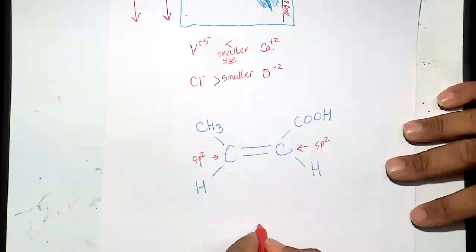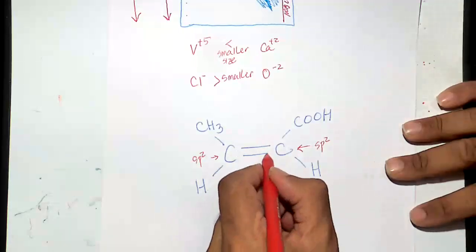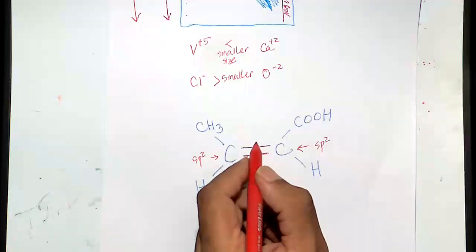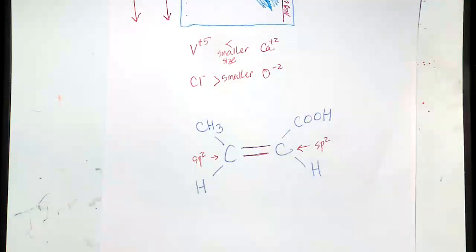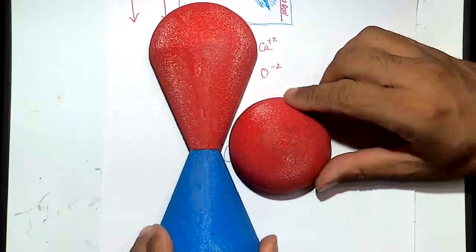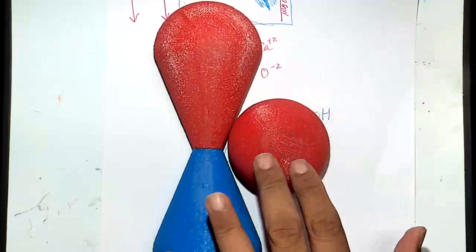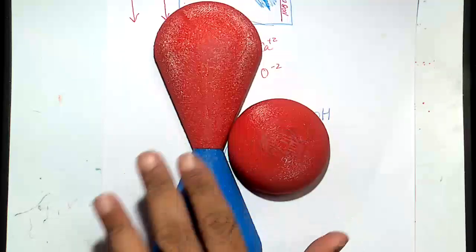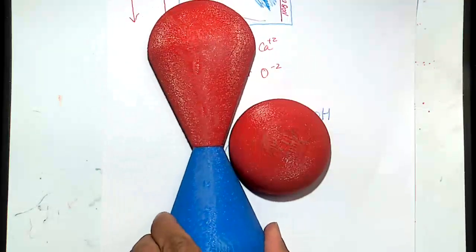This double bond is actually 1 sigma and 1 pi. It's 1 sigma and 1 pi. This is kind of like the overlap that you see here. So here we have a sigma bond, which is a single bond, overlap of the s orbital, and a pi bond. So this is what a double bond would look like.